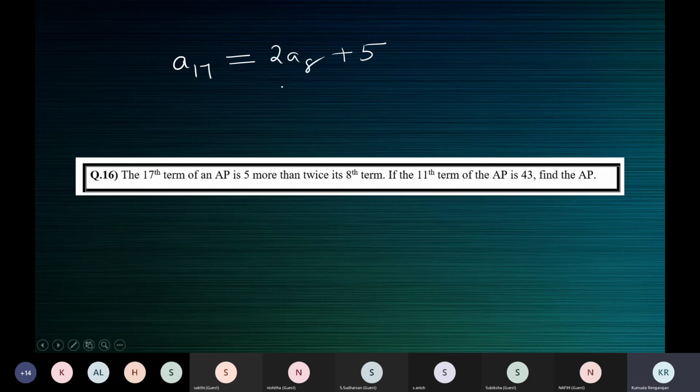Whatever you read, convert it to symbols. We're reading something in English. Convert that to a mathematical equation. Use symbols and convert that to a mathematical equation. I'll do it again. See here.